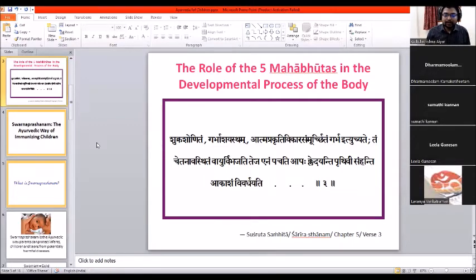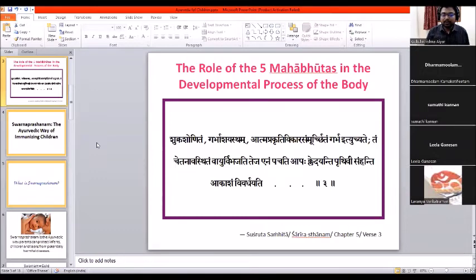There, the proper function of Akasha Mahabhuta is there. And then all the structures, all the cells and tissues that grow, for them the structural basis is offered by Prithvi Mahabhuta, which is inherent in Kapha dosha.